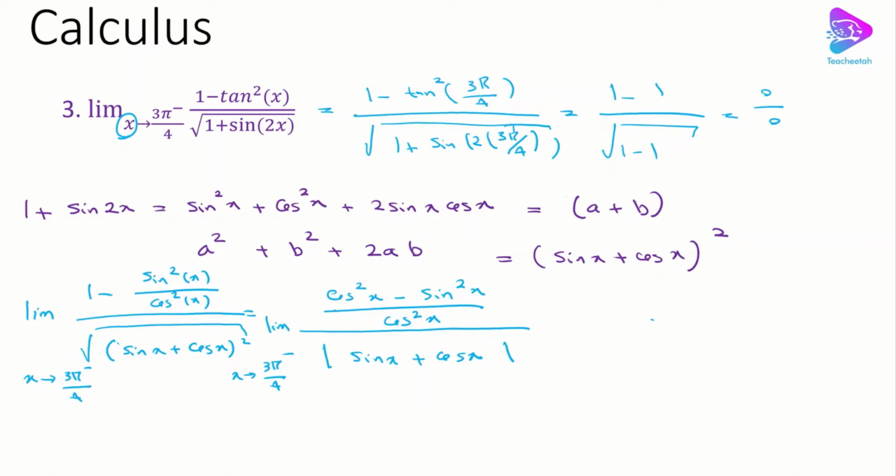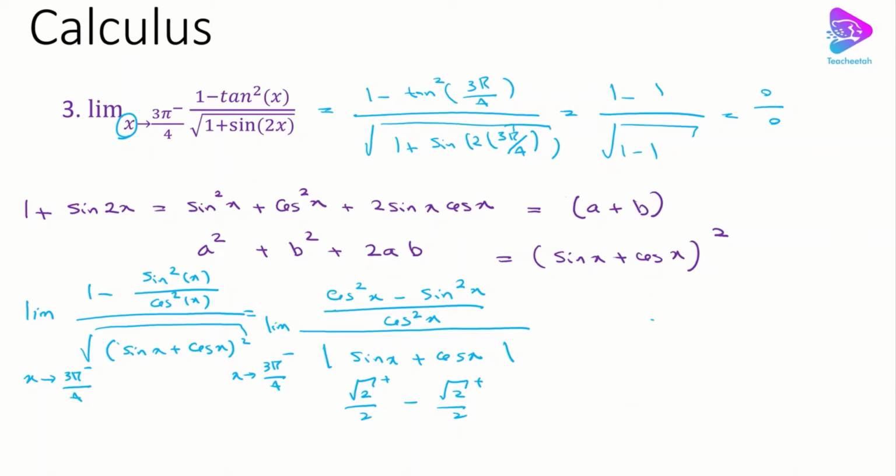If you plug in there, it's going to be the square root of 2 over 2 positive minus the square root of 2 over 2 positive. As I said, sine x is decreasing, so it is getting less when it approaches the value of 3 pi over 4, and the other function, cos x, is increasing.